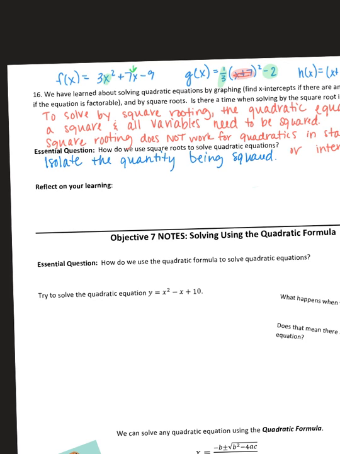Then we square root both sides. And don't forget your plus or minus. And solve for the variable.